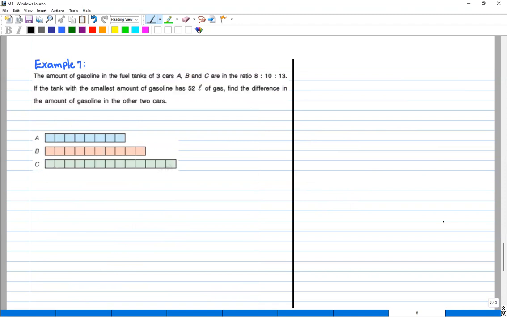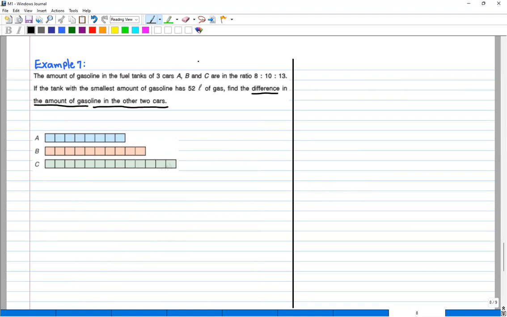And now let's look at the last example. The amount of gasoline in the fuel tanks of 3 cars A, B, and C are in the ratio 8 to 10 to 13. If the tank with the smallest amount of gasoline has 52 liters of gas, find the difference in the amount of gasoline in the other 2 cars.